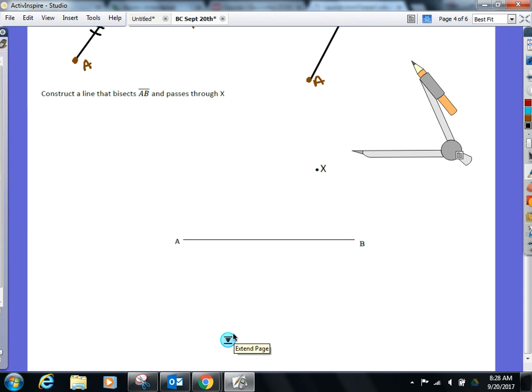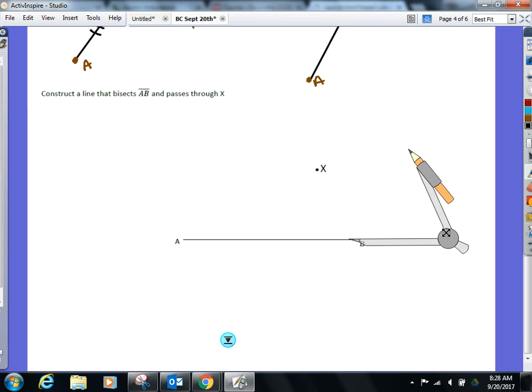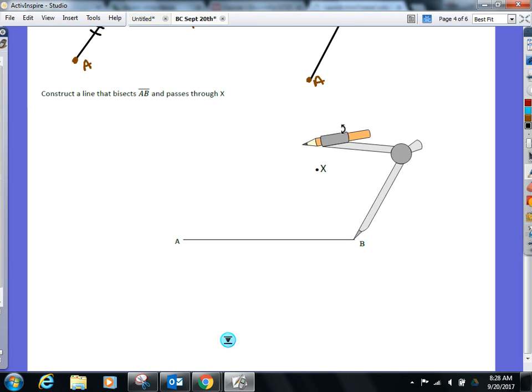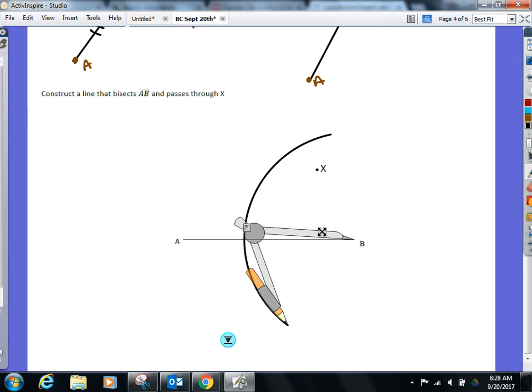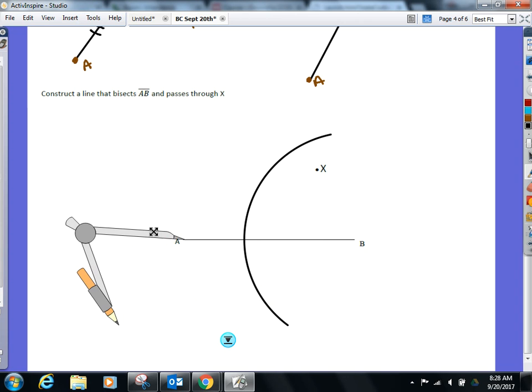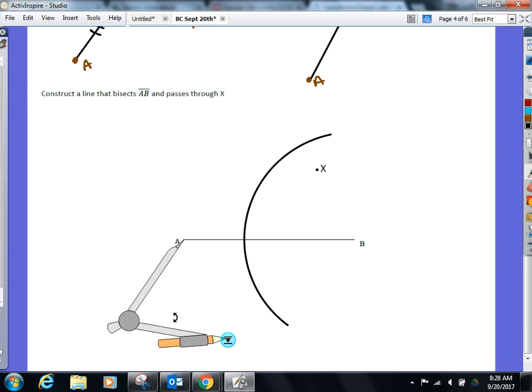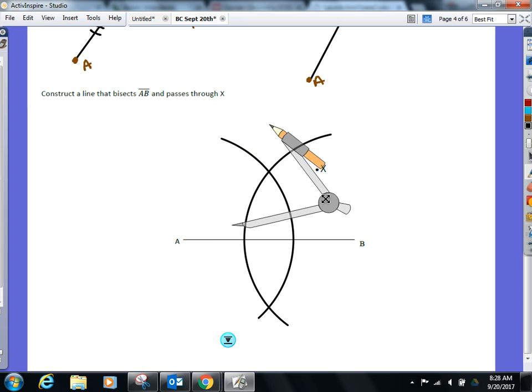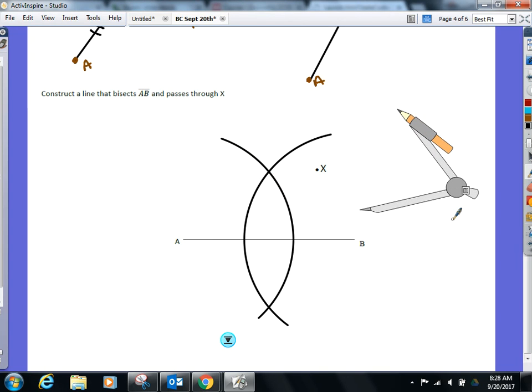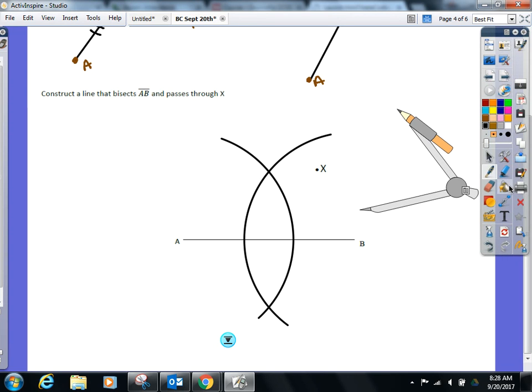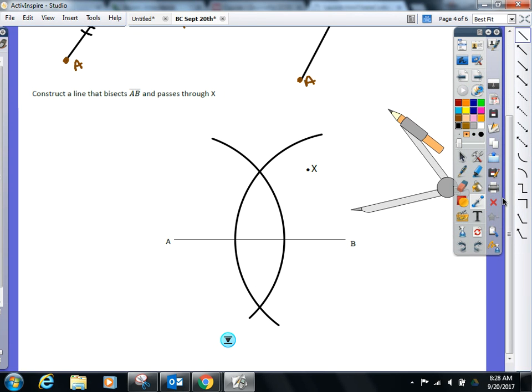So find the midpoint of AB right now. If you want to draw in the perpendicular bisector, you can. Or if you just want to line up your straight edge and mark the midpoint, that's fine.